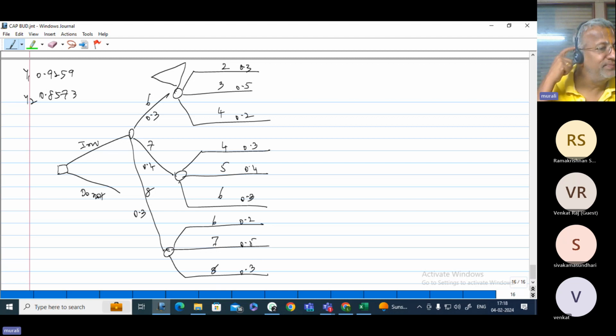How do I do that? 2000 into 0.3, 3000 into 0.5, 4000 into 0.2, all that comes to 2900, into 0.9259. Here I will make it 2685. How did I get that? 2000 into 0.3, 3000 into 0.5, 4000 into 0.2, multiplied by 0.9259.